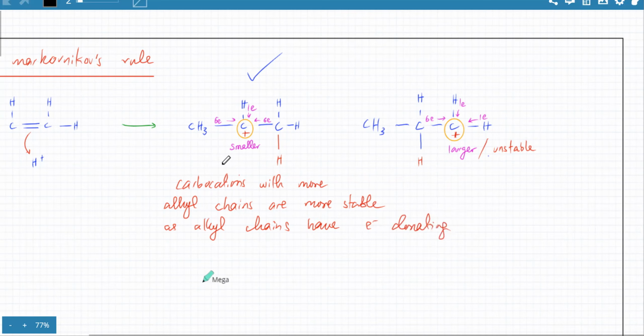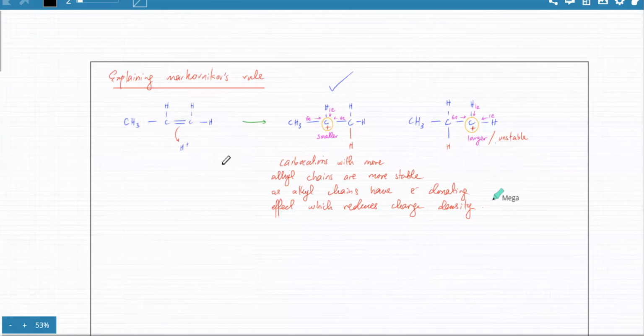So they have electron donating effect, which reduces charge density. So that is going to be your explanation for Markovnikov's rule. Why does this happen? Because of this thing. Okay?